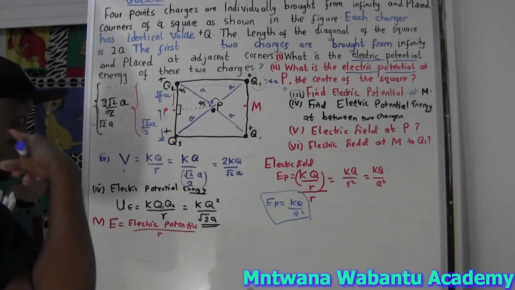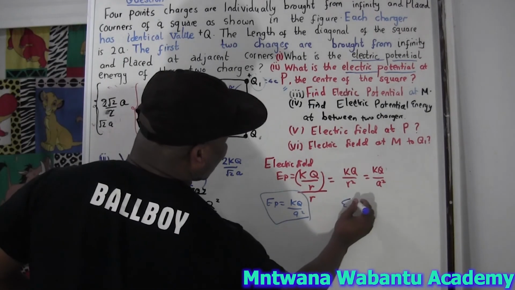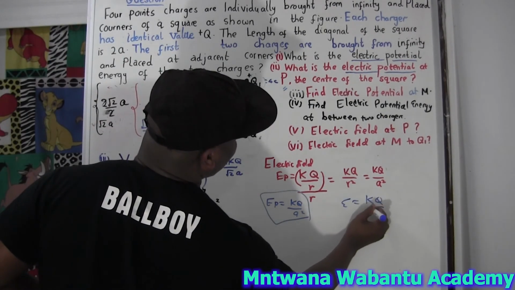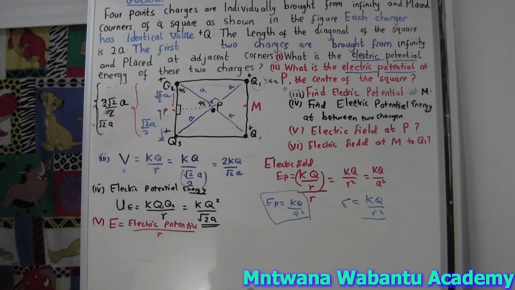You can memorize that one. Electric field equals K times charge over the radius squared.